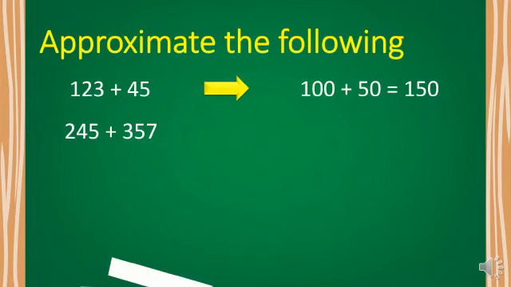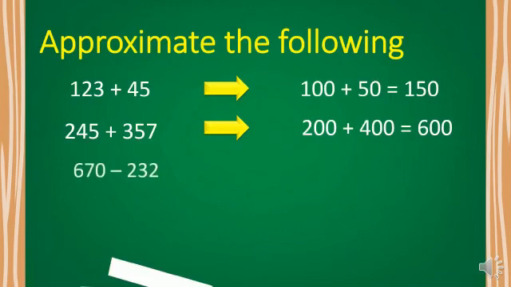Plus 357. 5 in tens is rich. It will give 3 one. So the result will be 400. So we have here 200 plus 400 equals, excellent, 600.